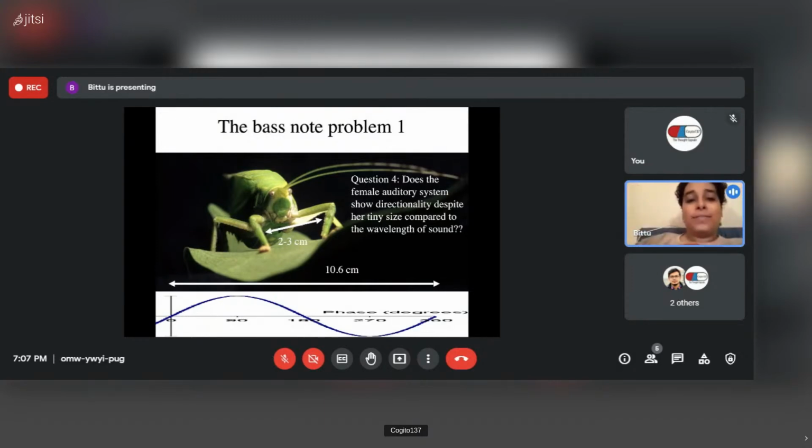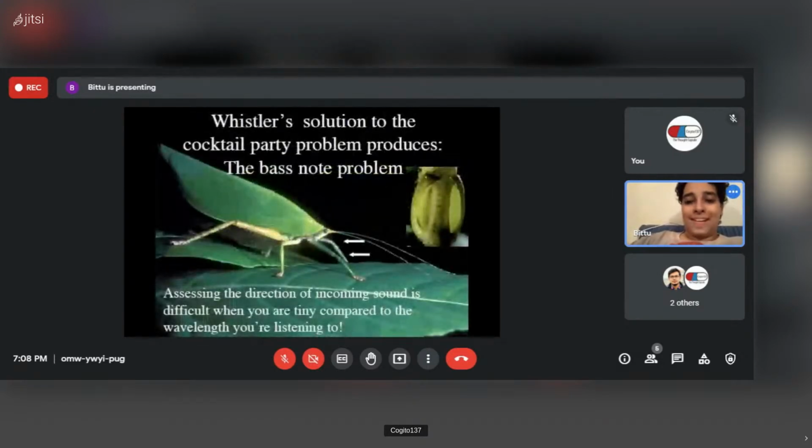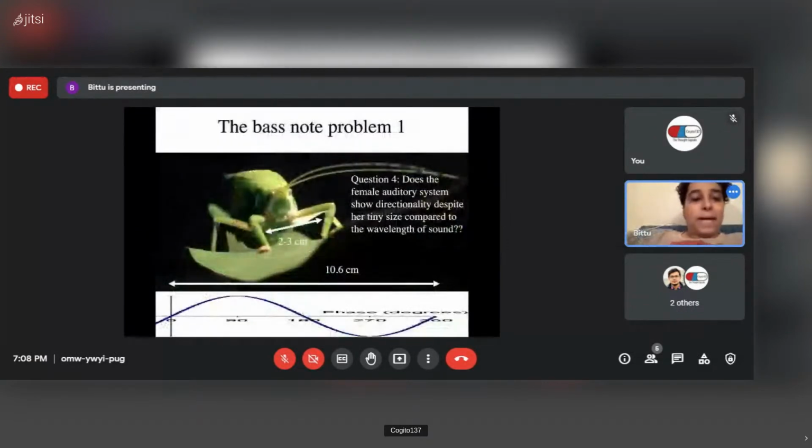But even though these animals have ears on their forelegs, you can see the ears here. Actually, that's a close-up of the ear that you're seeing over there. In fact, these are really cool animals. They have two eardrums per ear. But the distance between their two legs with the two ears is about 2 to 3 centimeters.